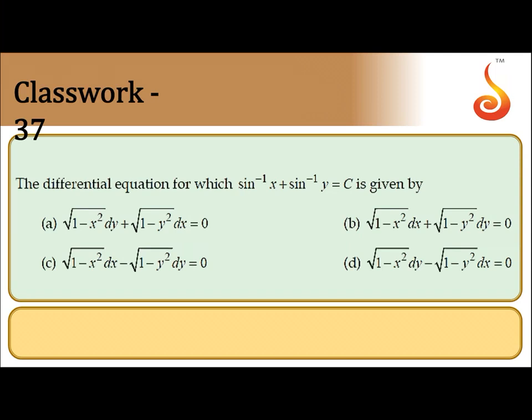Coming to the differential equation for which sine inverse x plus sine inverse y is equal to C, given by, just simple derivative and eliminating C. Sine inverse x plus sine inverse y is equal to constant, derivative is 1 by root of 1 minus x square plus 1 by root of 1 minus y square into dy by dx is equal to 0.